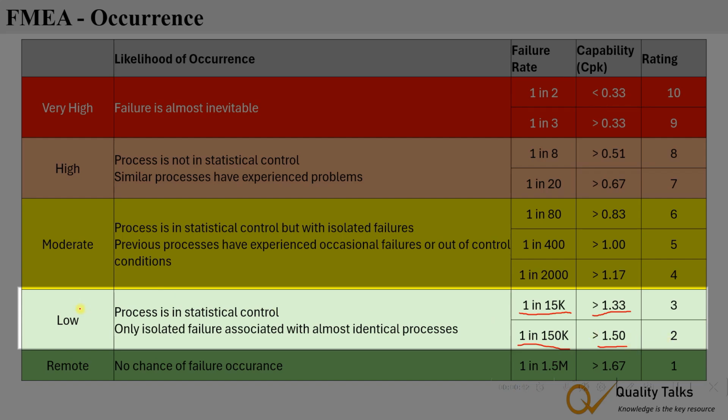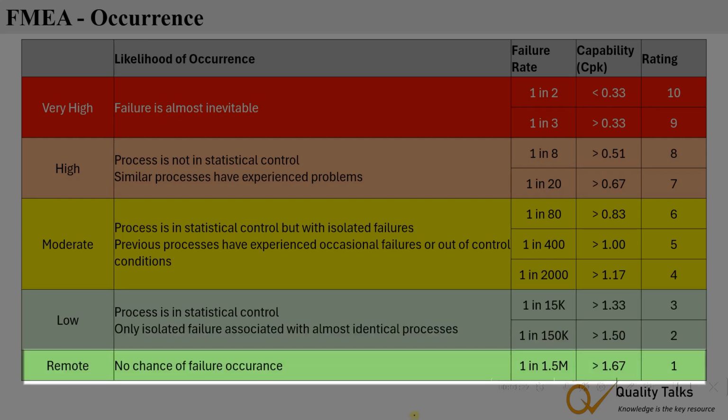These two ratings are called low occurrence. The process is in statistical control and there are some isolated failures associated with almost identical processes. For example, some failure happens in development time but not in production time.